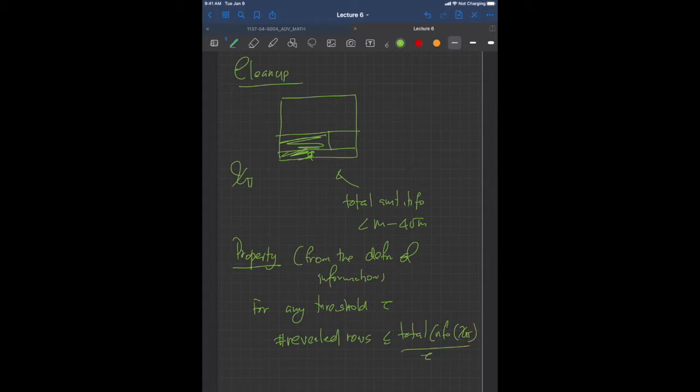So you want to say that it cannot be that every row is really revealed. These m minus 4 square root m bits of information have to be spread across the rows.